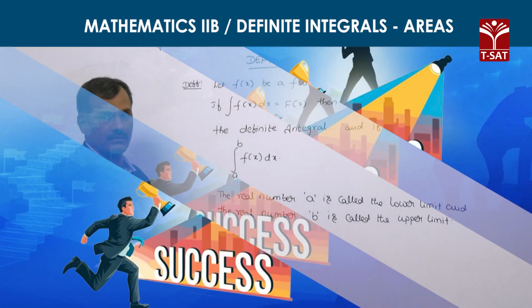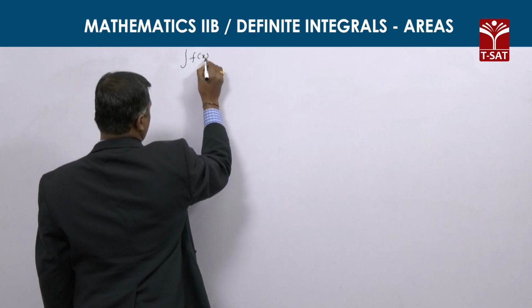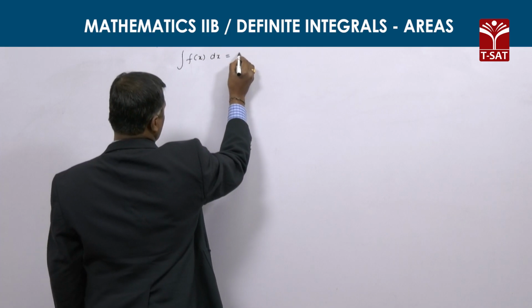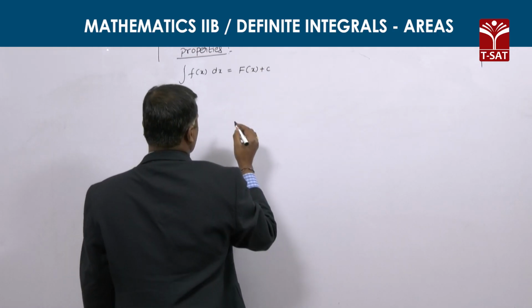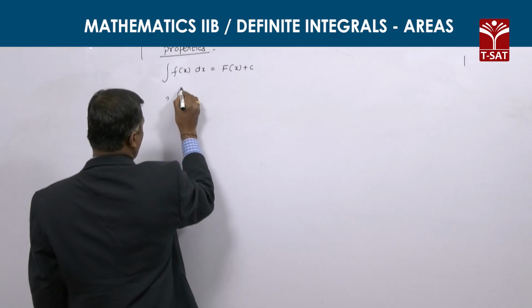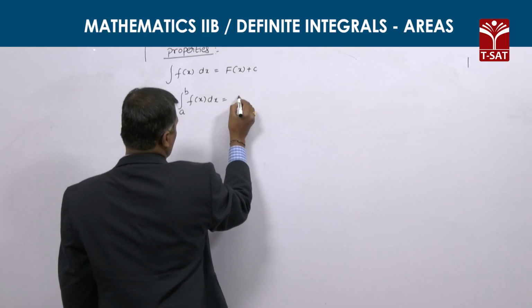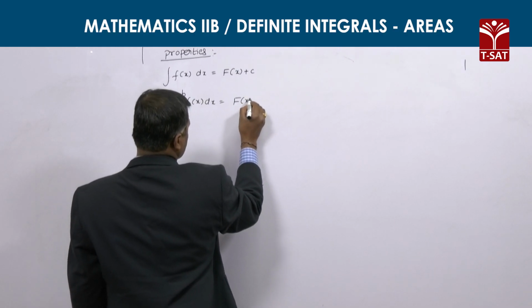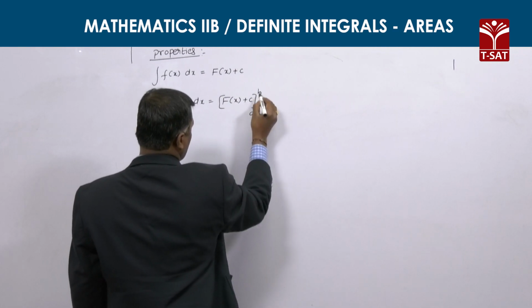Definition: integral of f of x dx is equal to capital F of x plus c. That implies integral a to b f of x dx is equal to F of x plus c over the closed interval [a, b].